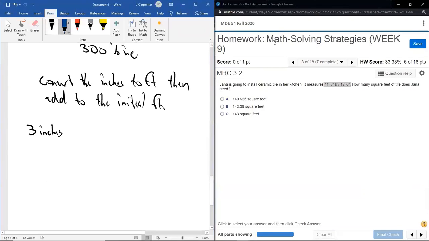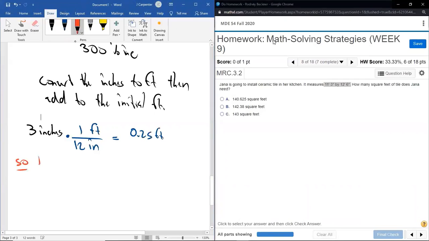How many inches to how many feet? While I don't make you memorize it, you should know it's 12 inches to a foot. I'm going to do the dimensional analysis way. You can do a proportion way if you prefer. So out with the old, we know inches go on the top. In with the new, we know feet go on the bottom. And it's 12 inches to 1 foot. 3 and 12 we're going to reduce to a fourth. If you do the division, 3 divided by 12 is 0.25. Either way, you get 0.25 feet.